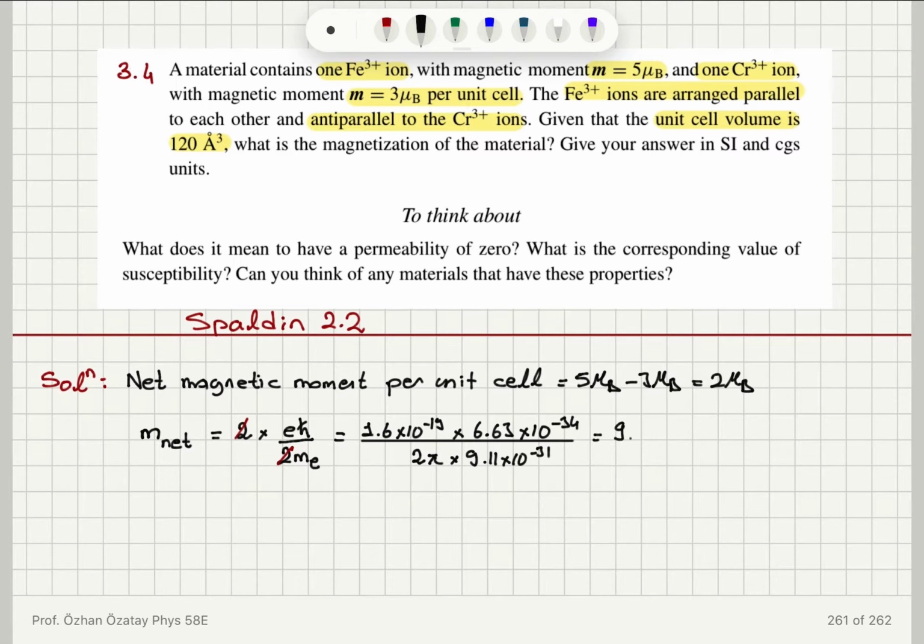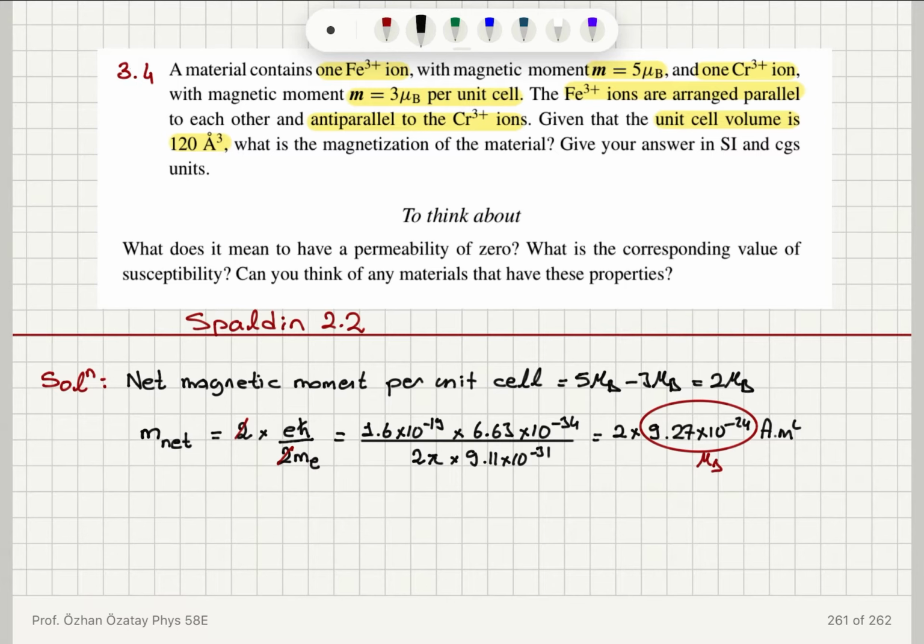So this gives us 9.27 times 10 to the minus 24 ampere meter squared, which is the Bohr magneton. So 2 Bohr magnetons is 2 times 9.27 times 10 to the minus 24 ampere meter squared.